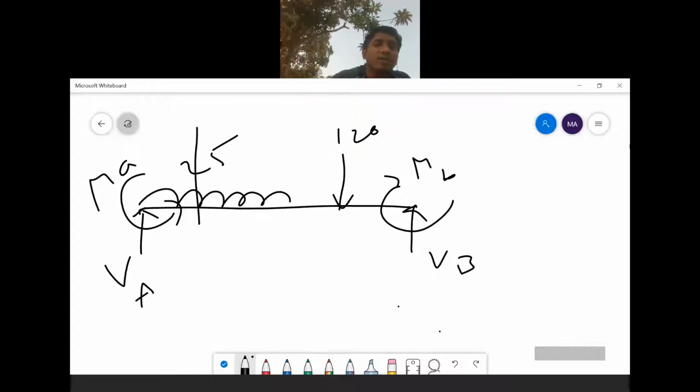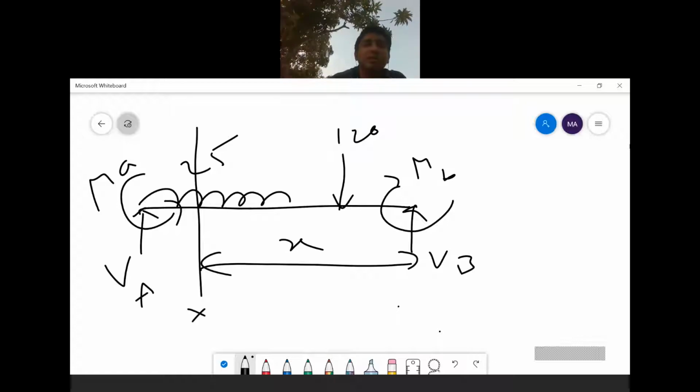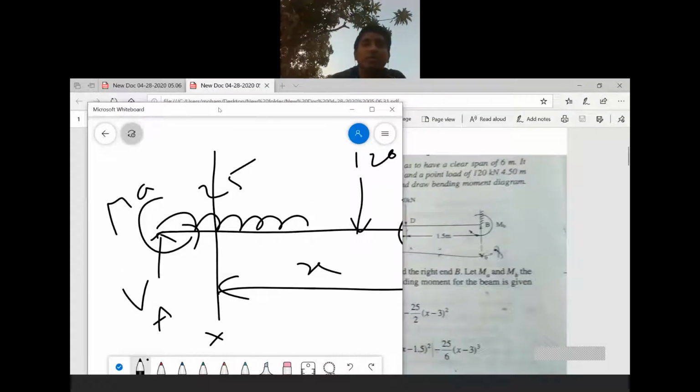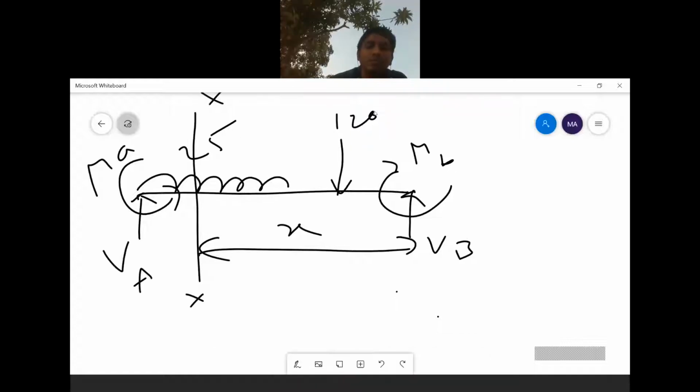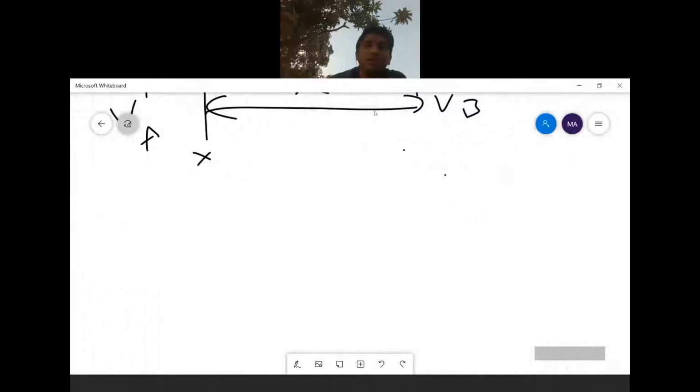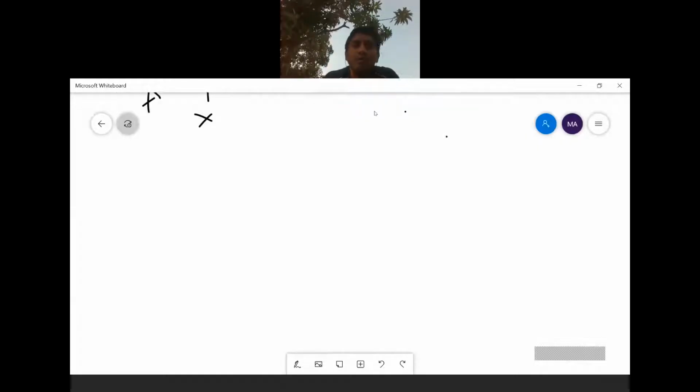Then you are considering the section X. Why are you considering the section X here? Because you have a UDL which starts at the left end support, so you are considering the section towards the left end.